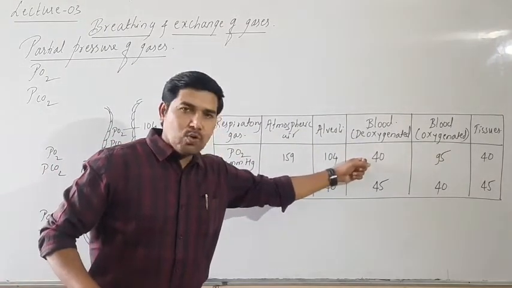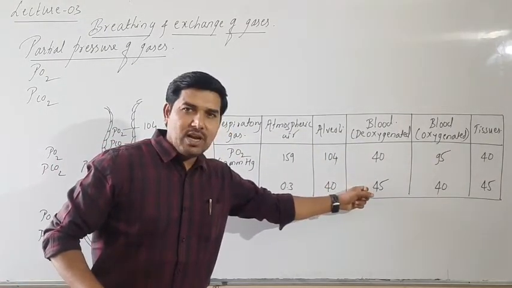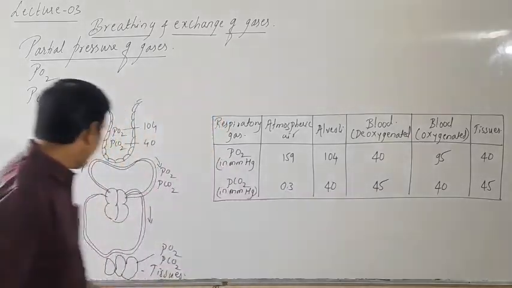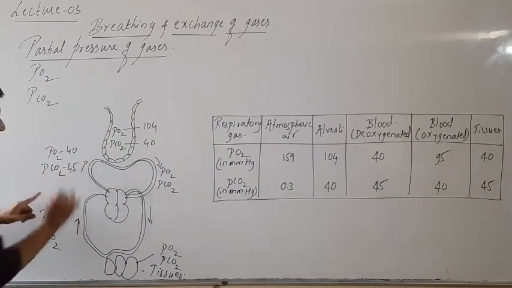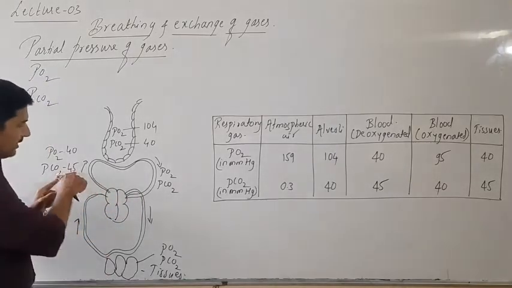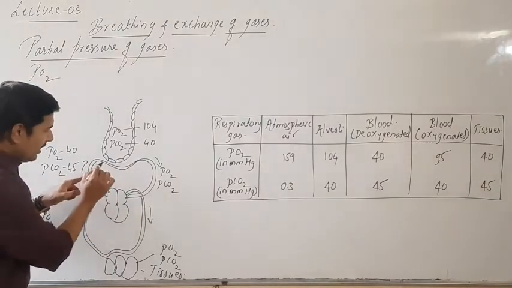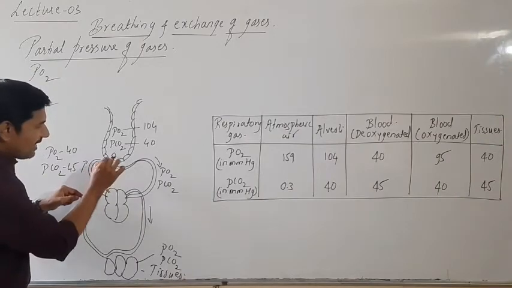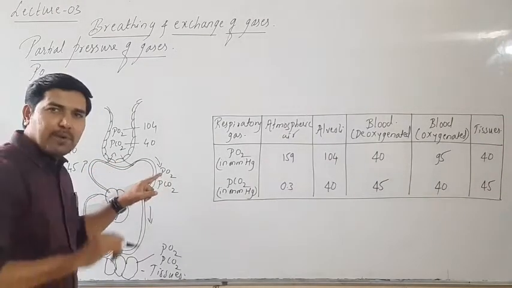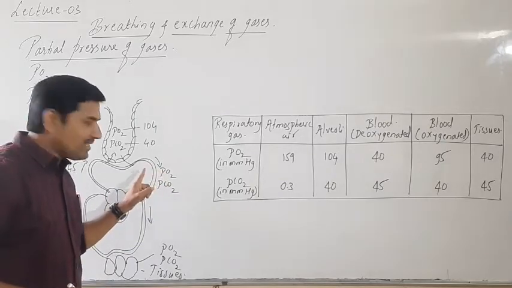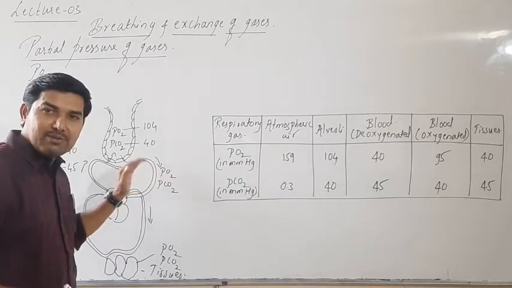In deoxygenated blood, O2 is 40, that means it is low, and CO2 is very high, 45. So PO2 is 40 mm and PCO2 is 45 mm of Hg. Then when it comes here, carbon dioxide is released and oxygen is taken into the blood vessel, so the PO2 level will increase. This is the oxygenated blood that leaves the lungs.